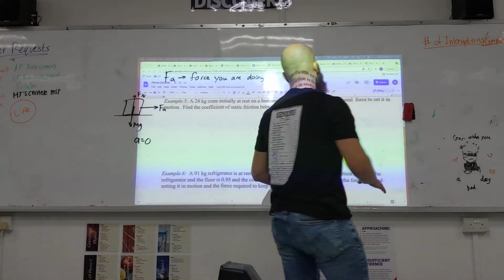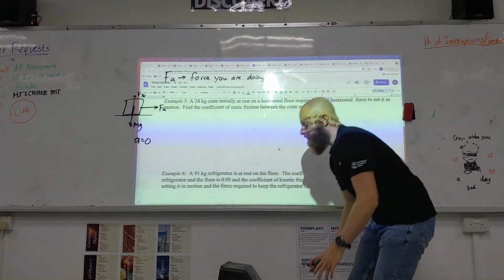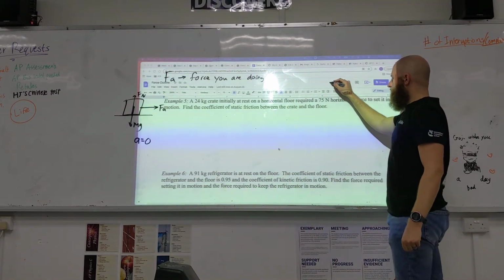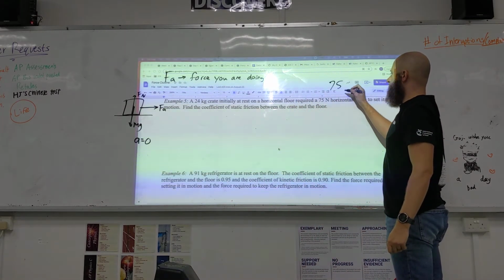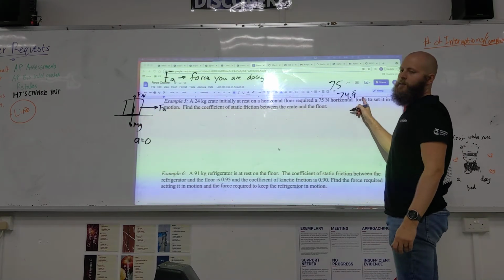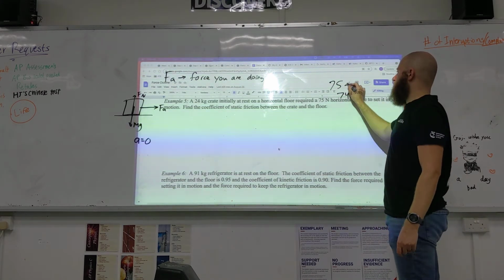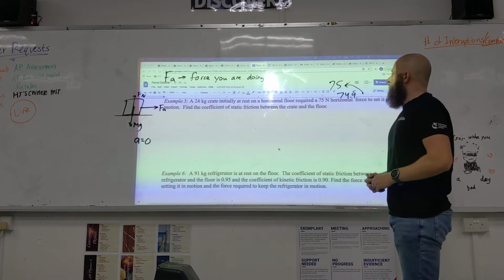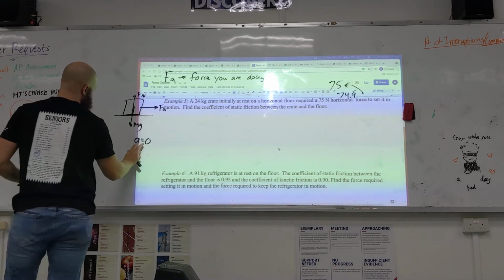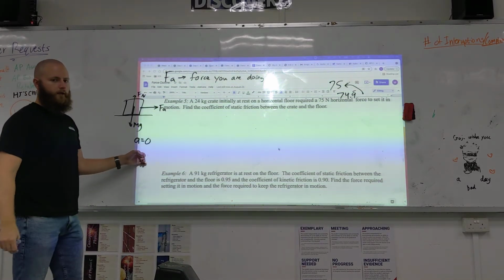At the same time, I'm slowly increasing my force, and then it starts moving. So the force is going to be 75. It might really be 74.9 repeating, but 74.9 repeating would really just be 75. So we know the acceleration is 0.